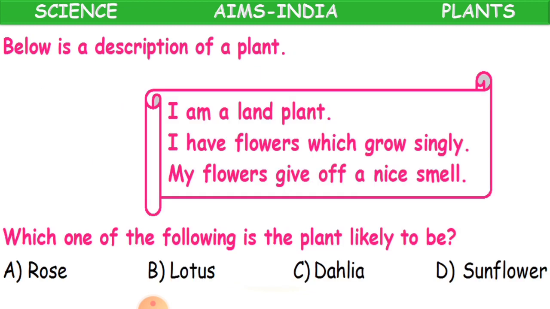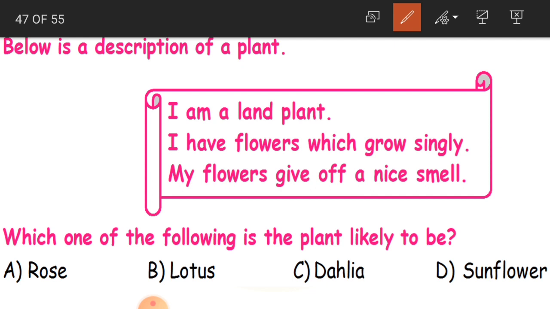Clear, children? Here is a description of a plant. I am a land plant. I have flowers which grow singly. My flowers give off a nice smell. See, it is a land plant and it has flowers which grow singly, and the flowers give off a nice smell.